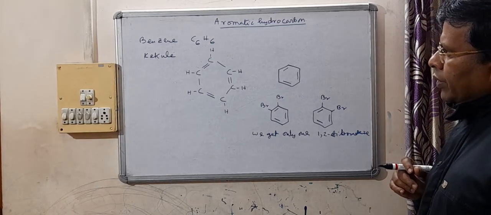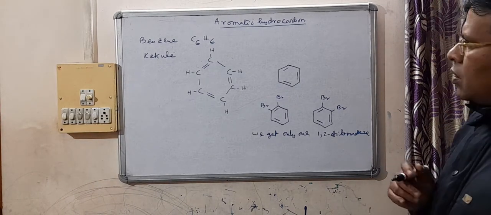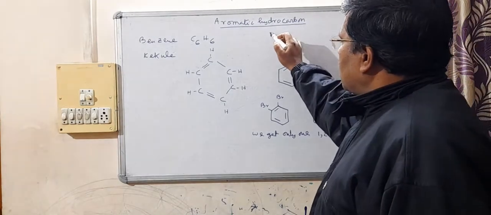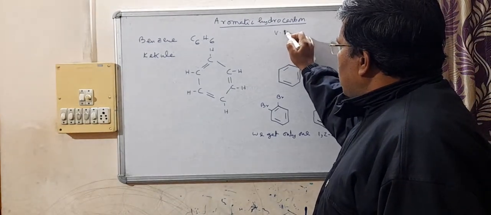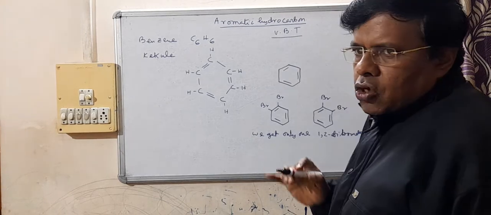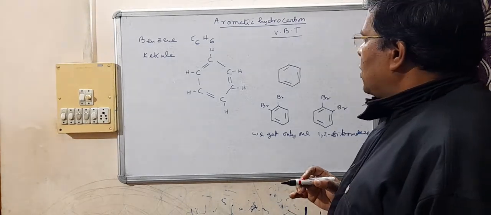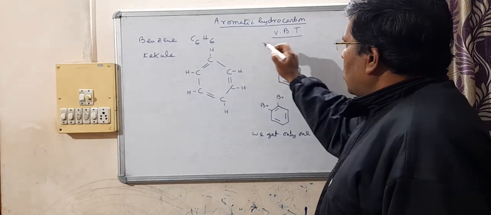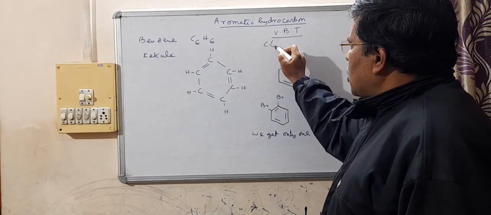Anyway, let us consider the structure of benzene from valence bond theory. Carbon has atomic number 6.